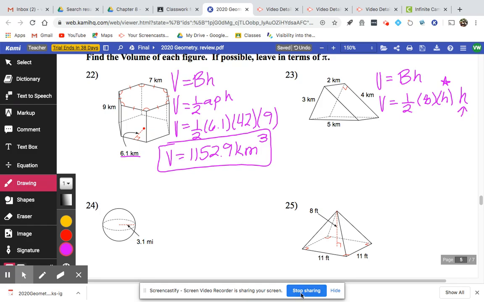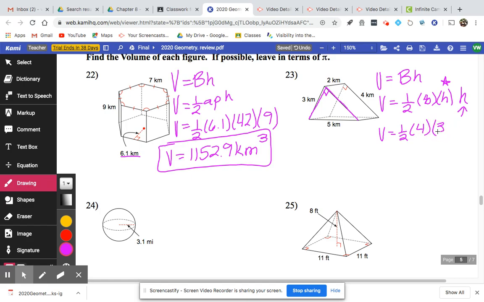So let's take a look at the triangle first. I know that this is a right angle because this guy over there is a right angle. I know this is 4. So that's my base, in other words. Now, what about the height of the triangle? It's actually this guy right here.